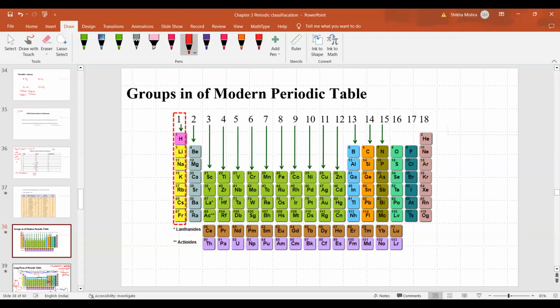Yes, ma'am. Okay. Now, once we have groups in hand, we understand that the top to bottom columns are known as groups, right? Then we have to number them. One of the ways is to number them 1 to 18 as shown on the screen. There is another way of naming them. Are you aware of that?